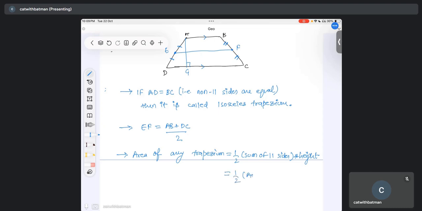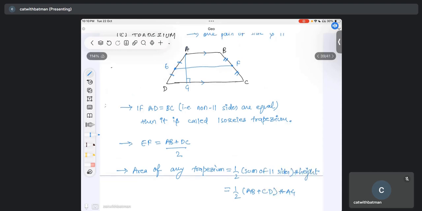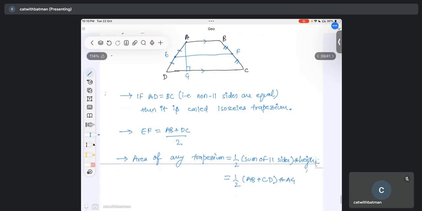That is half multiplied by (AB plus CD) multiplied by AG. This is the formula for the area of any trapezium. Chalega? Let's move forward.